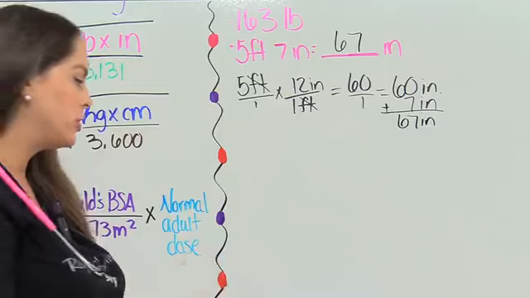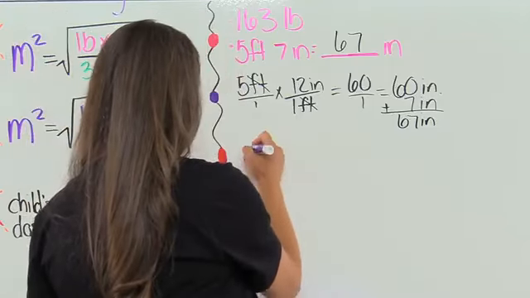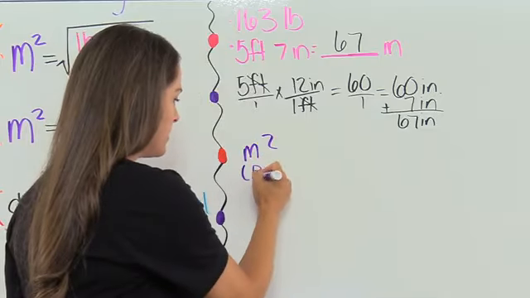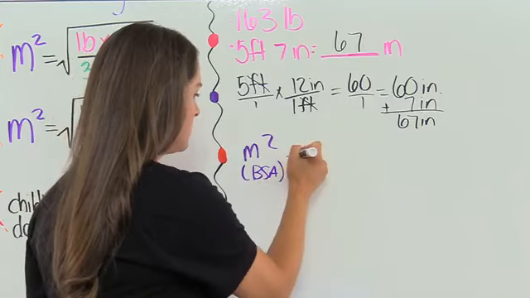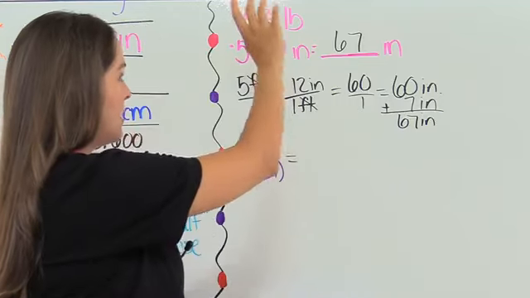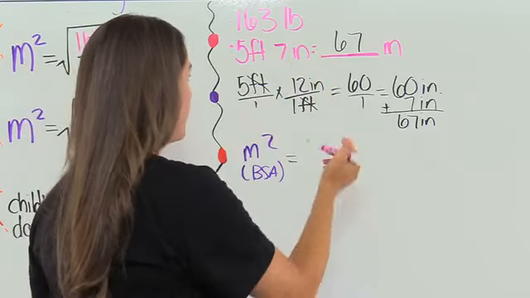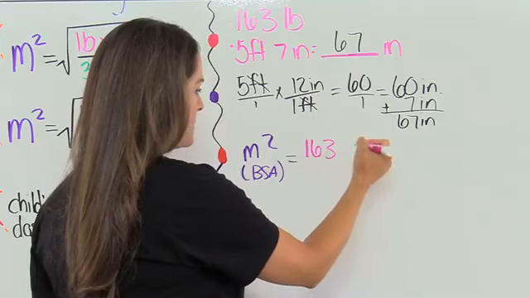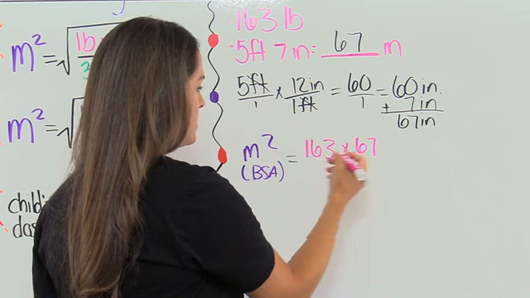Now we are ready to use our formula. So our formula, square meter, which is body surface area, and I'm just going to write that right here so you can see it, equals the patient's weight times the height. So their weight is 163 pounds times 67 inches.